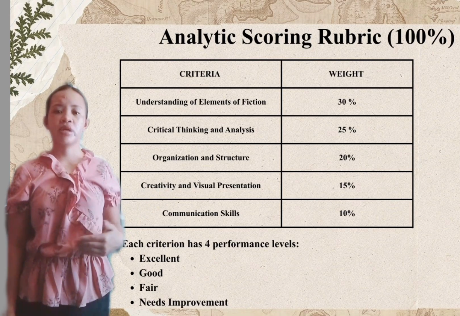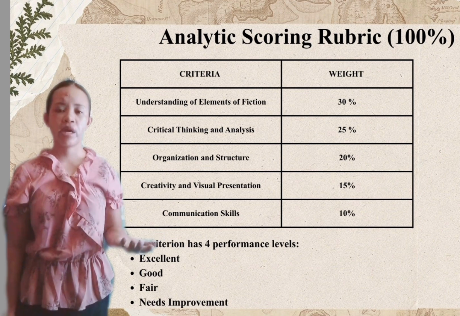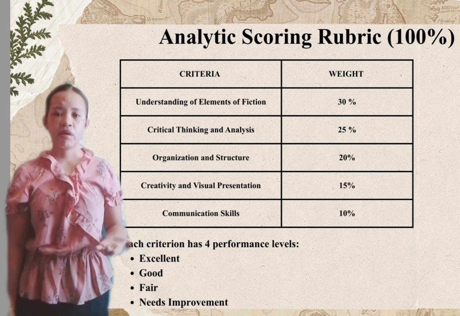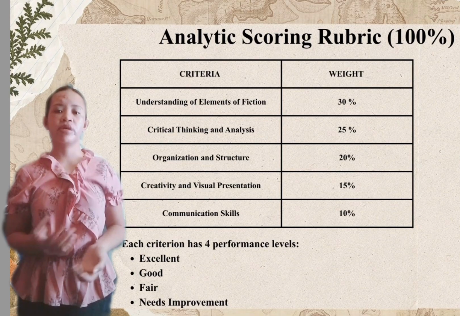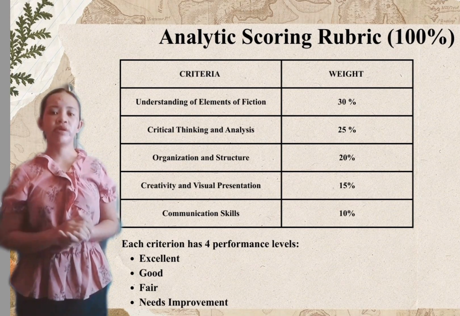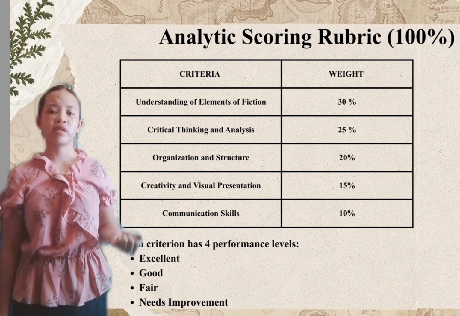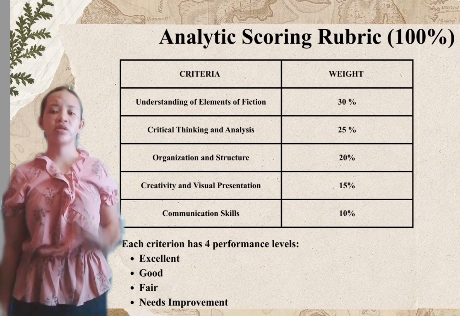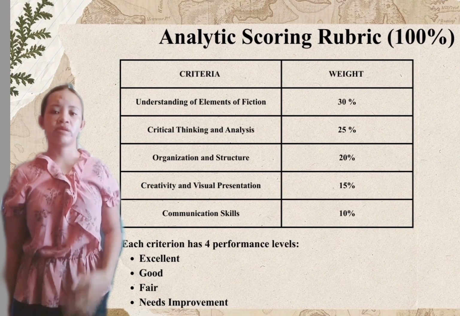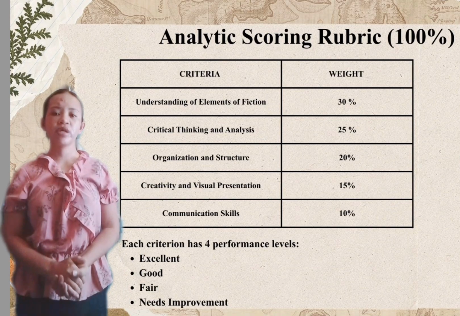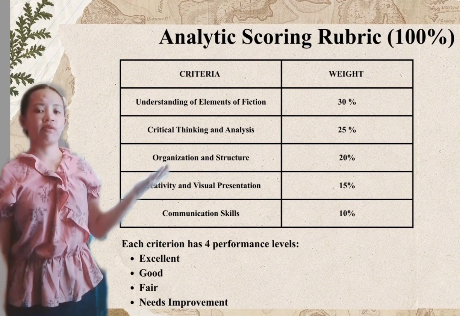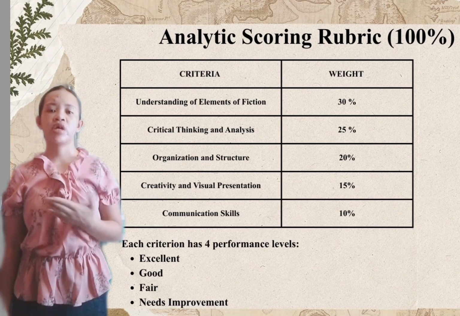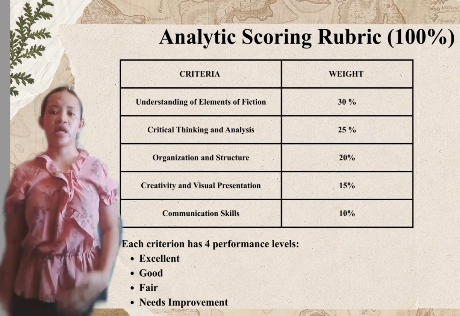For our analytic scoring rubric, to ensure fairness, reliability, and validity in assessment, an analytic scoring rubric will be used. The rubric contains 5 criteria with weighted percentages totaling 100%. The first criterion is understanding of elements of fiction, which has a weight of 30%.